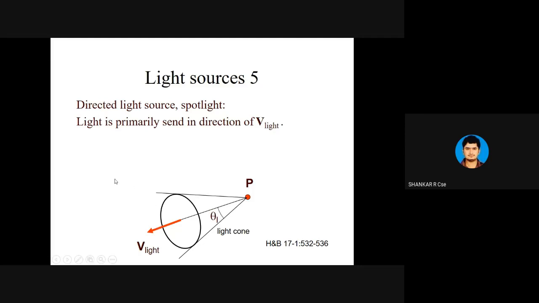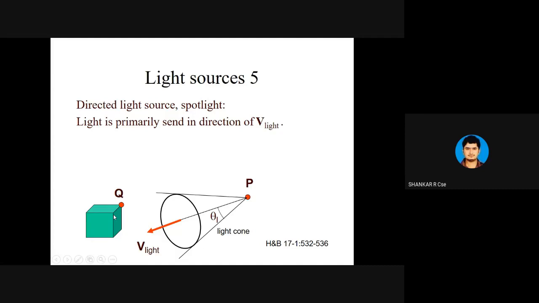For example, you take, let's say, a cube object here, any 3D or 2D object, and let's say you have to find out the intensity at this point called Q, and the light source is at P, and you are pointing your tube light in this direction, so the light rays go in this direction. Also, some of the light rays fall on Q, fall on this point, and on this point.